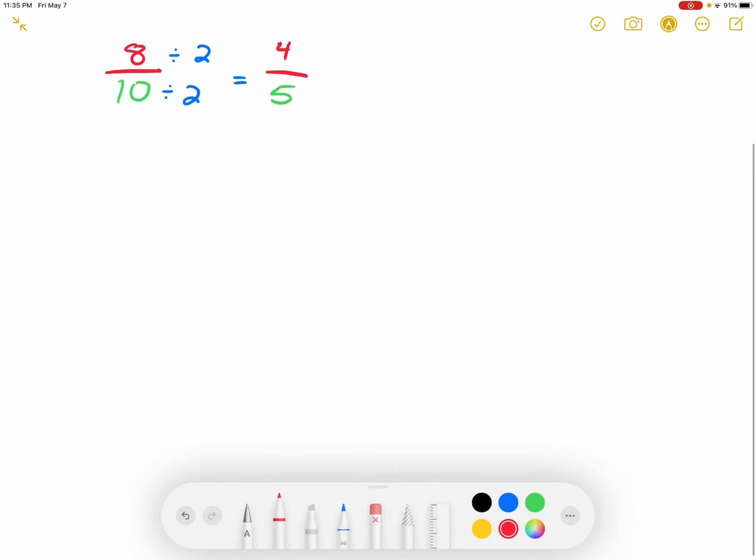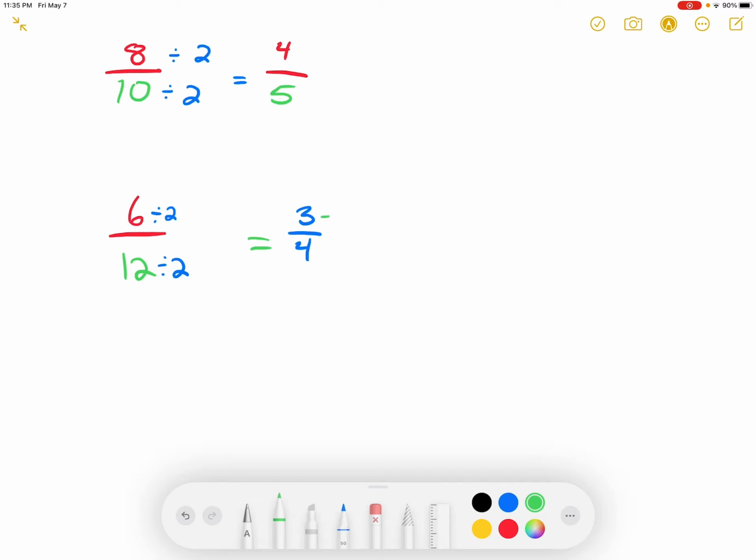Let's try another one. It's really simple. Not much to it. Let's try 6 over 12. Let's reduce it to its lowest common terms. Let's find a factor that divides both 6 and 12. Again, these are even numbers, so I'm going to use 2. Don't even mess around. 6 divided by 2 is 3. 12 divided by 2 is 4.